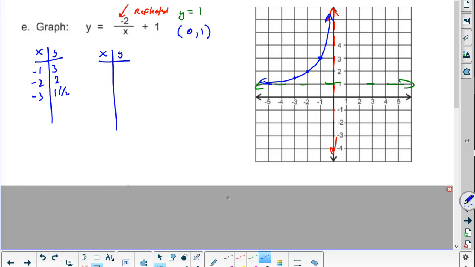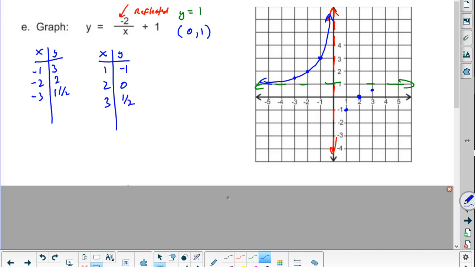All right, so same thing on the other side. If I use 1, I get a negative 2 and a positive 1 is a negative 1, so I get 1, negative 1 down there. Okay, and just keep going. 2, that's a negative 1, and 1 is 0. 2 is 0. 3 is going to be, what, a half?